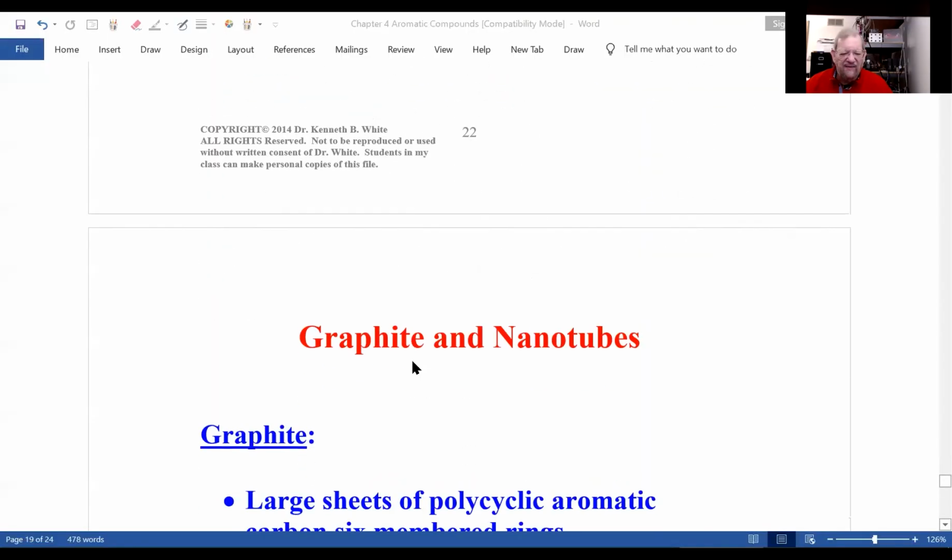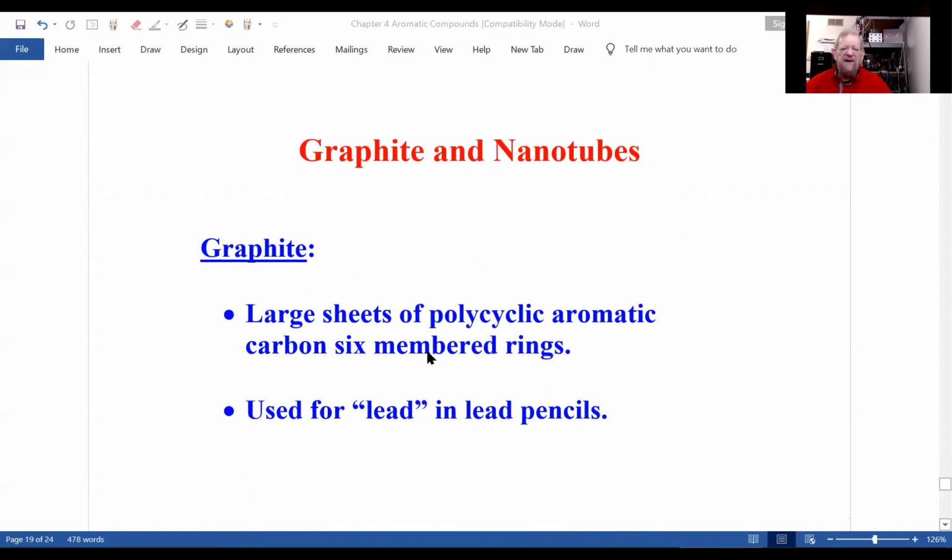Now, it turns out an important polyaromatic compound is called graphite, which is a form of carbon. And graphite exists as long sheets of 6-membered rings packed on top of each other. By the way, it's used for the lead in lead pencils. Since the Roman times, many centuries now, we have not had lead in lead pencils.